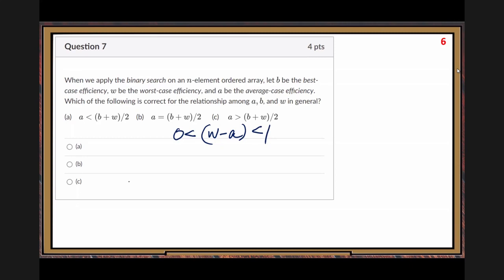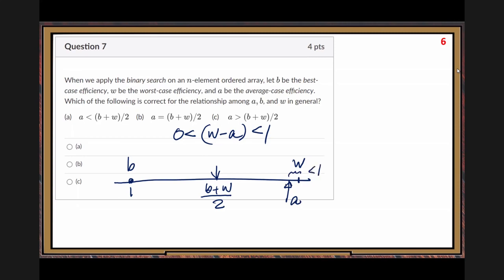All right, so here, let's draw a diagram. This one is the best case, B, and this is W, the worst case. Then the average is somewhere in the middle. So this is B plus W over 2. And we know our average case A is very close to the worst case, and the distance is less than 1.